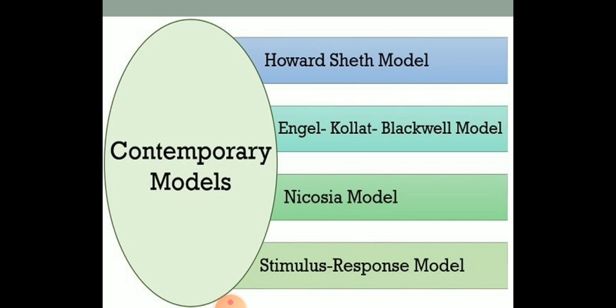Under hypothetical constructs, attitude, desire, research, and perception are the psychological variables which affect the consumer's decision making. Here, hypothetical constructs have been classified into two groups, that is perceptual constructs and learning constructs.